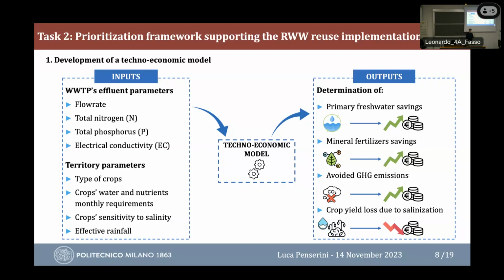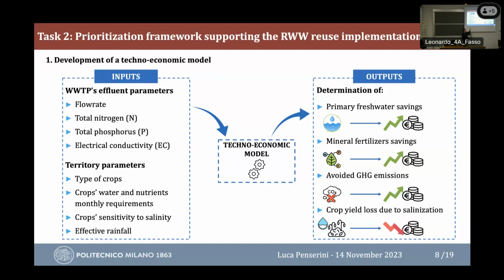Then these inputs were fed to the model, which determines 4 outputs. The first 3 are positive outputs, the last one is a negative one. First, these outputs were quantified in their respective units of measure.